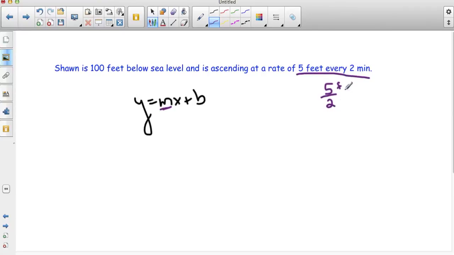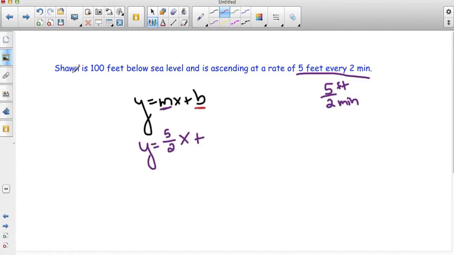Now we can definitely label it over here. When we put it into the equation, we won't need to label it. So far I have y equals, my m then was 5 over 2. You'll notice we don't change it to a mixed number when we're doing slope-intercept form. You can leave it just as an improper fraction, times x, plus this b, which is going to be where he started, or your y-intercept. So that's where I like the layman's term.